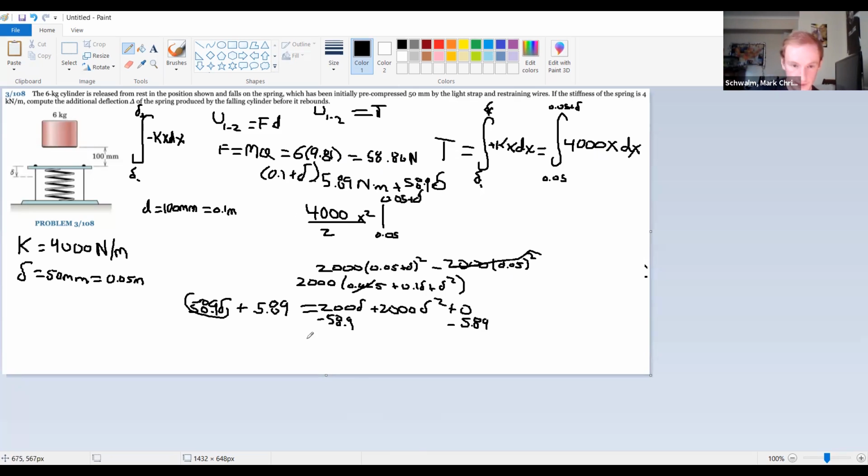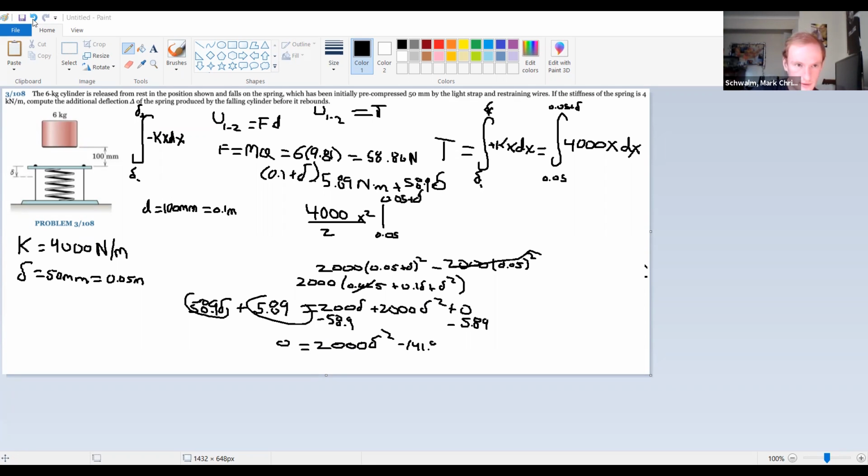Okay. So anyways, now we have 0. So I subtracted this. 0 equals 2,000. Put this as the leading term, squared, minus, these two will be 141.9. No, 0.1.